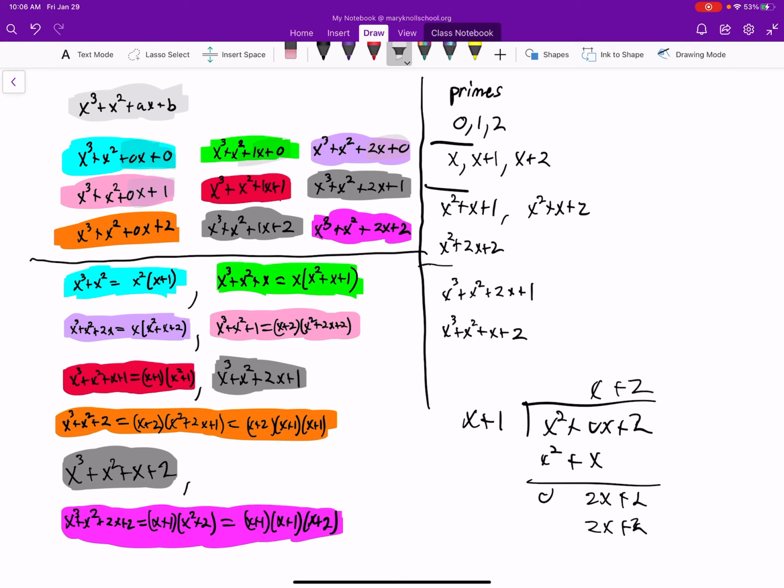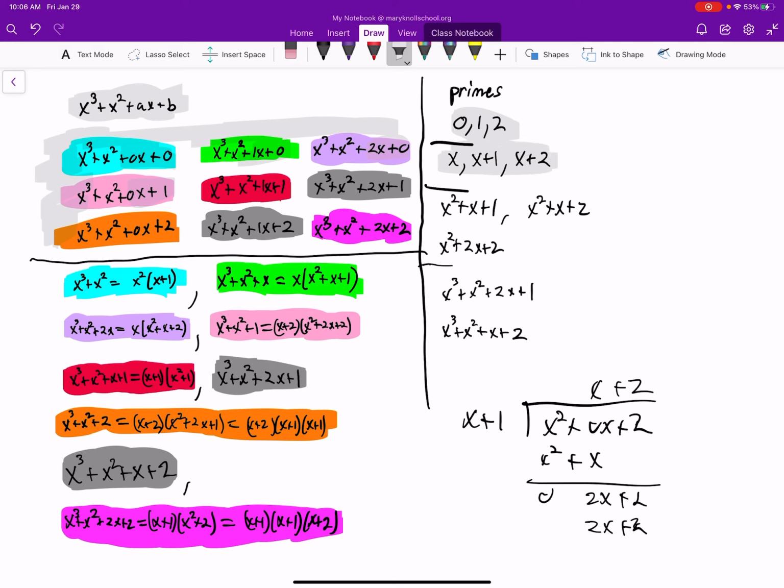And so what I did from there is list out primes of degree 0. So right here. And then I listed out primes of degree 1. And then from there, I just started dividing these numbers, which are all degree 3, by the primes of degree 1.